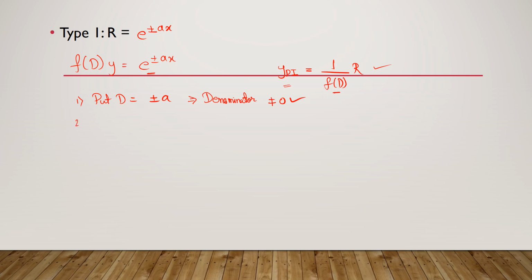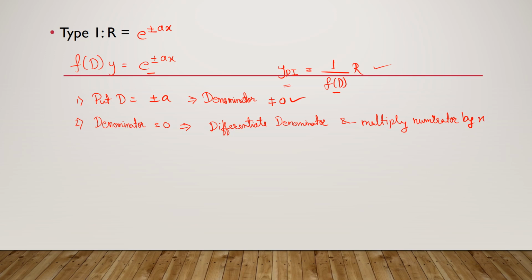If in case the denominator is equal to 0, then simply differentiate the denominator and multiply the numerator by x.